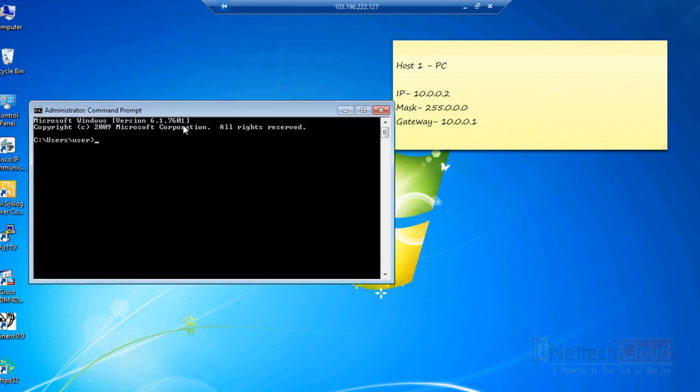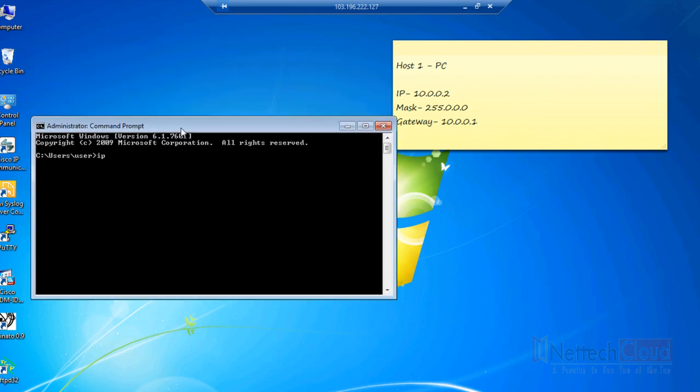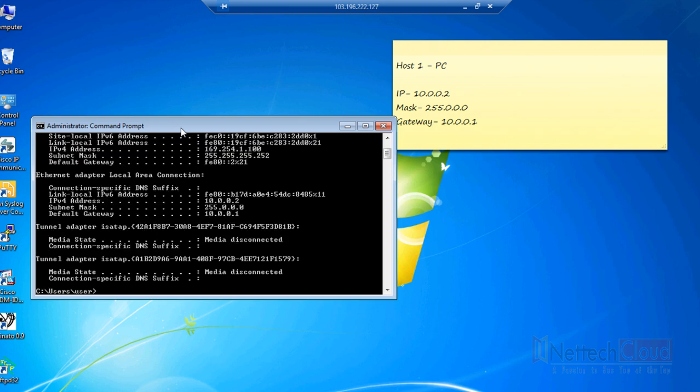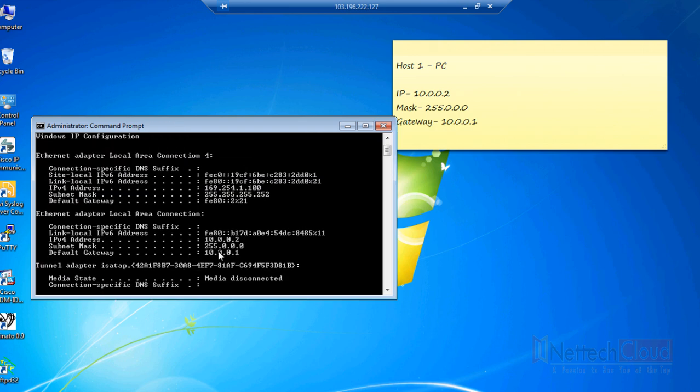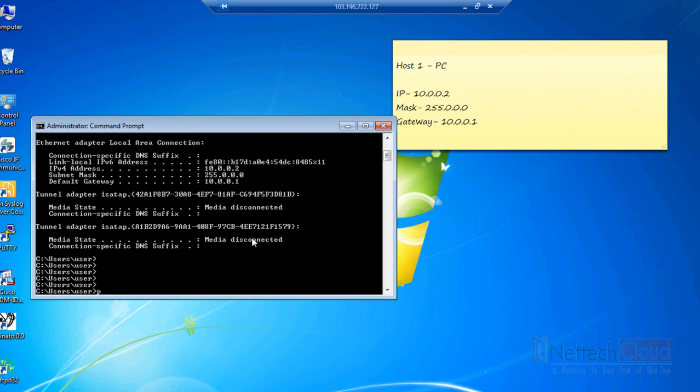So host 1 device, and let me quickly check the IP address configured here. So the IP address is 10.0.0.2 and 10.0.0.1 is the gateway address, correct? IP and gateway both are configured. Alright, so let me ping the host 2 device.